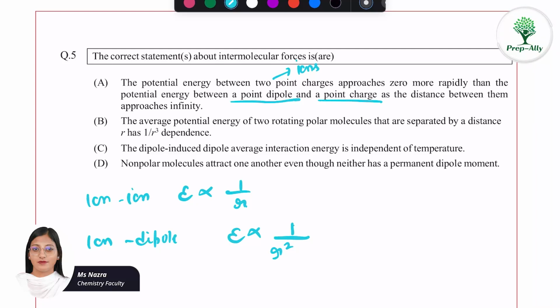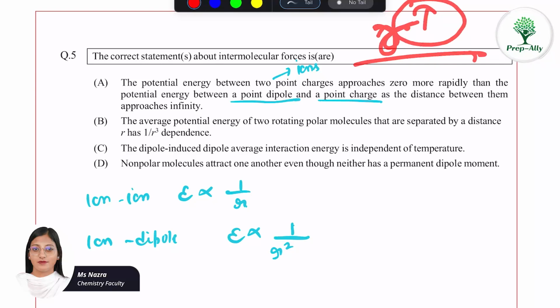Now what is it trying to say? The potential energy between two point charges approaches zero more rapidly than the potential energy between a point dipole and a point charge as the distance between them approaches infinity. We are increasing the distance, the r value. So when we increase the distance, definitely potential energy will decrease. This r will increase, these potential energies will decrease.